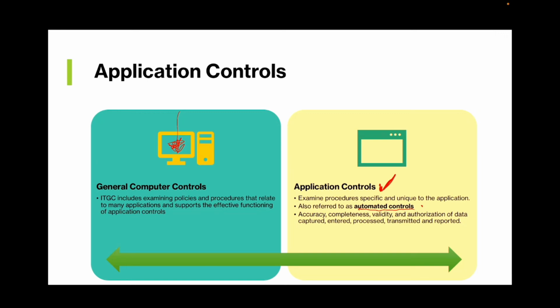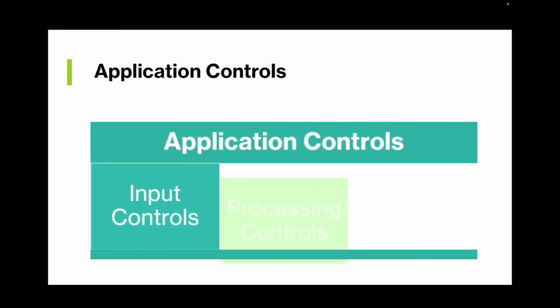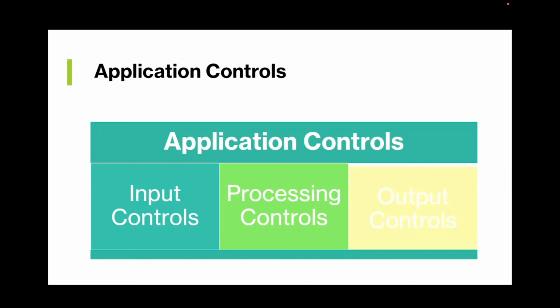Examples of application controls include validating data input, checking mathematical accuracy of records, numerical sequence check, etc. We separate application controls into three: input controls, processing controls, and output controls.